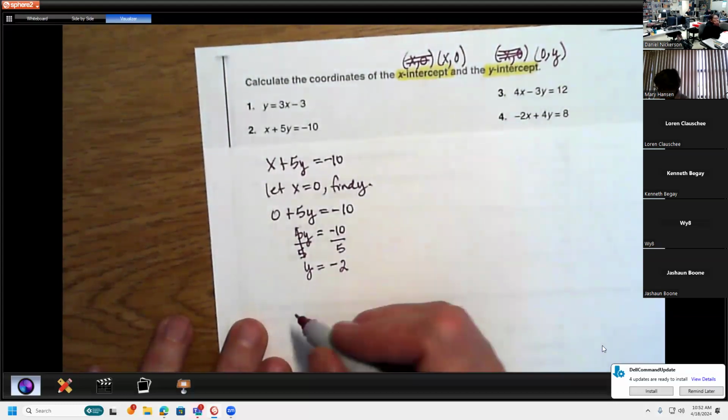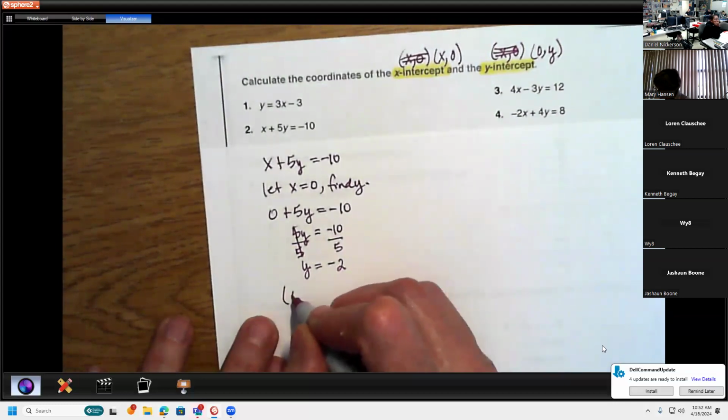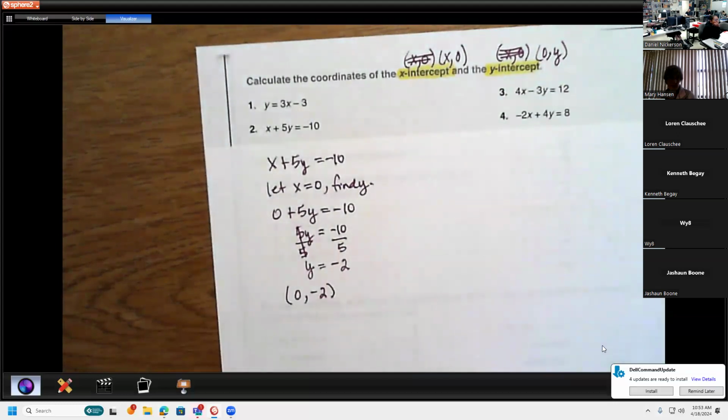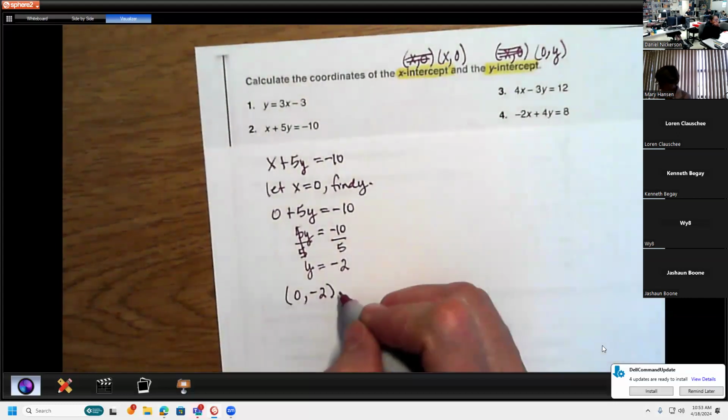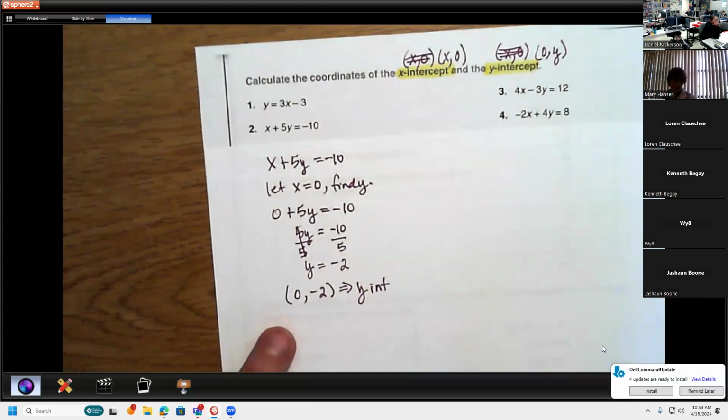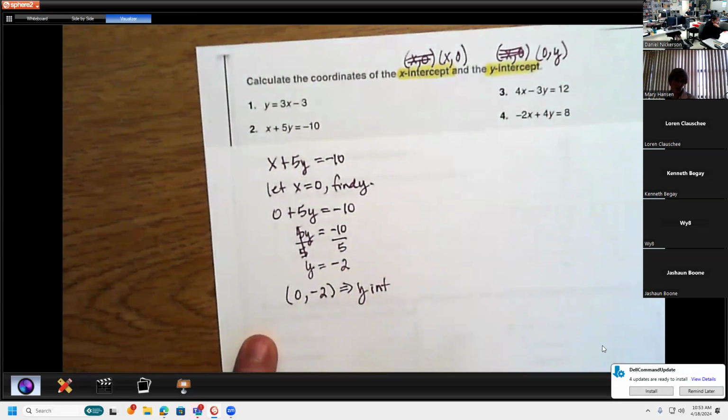And so that means I have the point x is 0 and y is -2. That's one of my intercepts. That is the y-intercept. If I was going to graph that, I would go over 0 and down 2, and I'd be sitting on the y-axis.